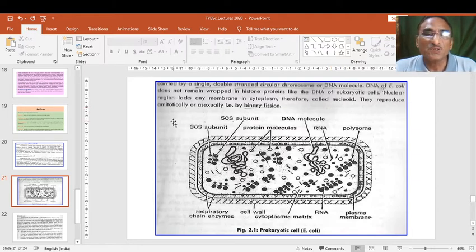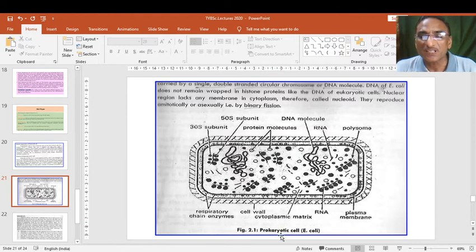They reproduce amitotically or asexually, that is by binary fission. Simply the cell becomes two pieces and both pieces work as a single cell, and their broken boundary is rejoined by the cells themselves by a repair mechanism, and in this way from one cell two cells are developed.